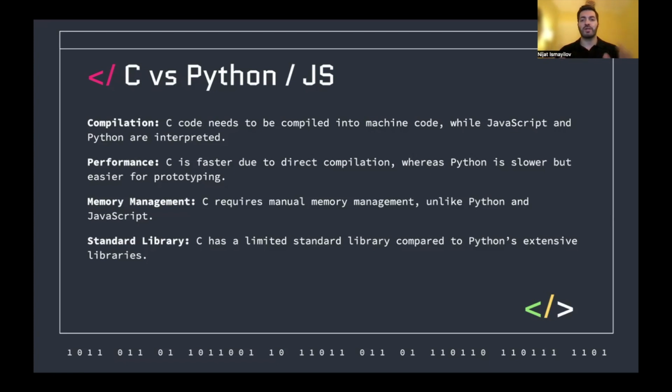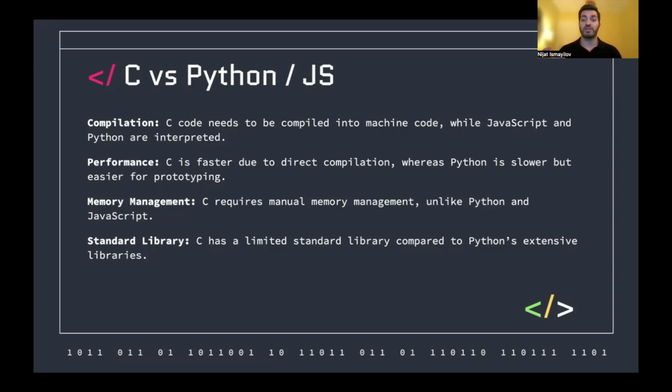Now, let me summarize these two slides for you. C is a much more fundamental language. This is a language where you want to build everything from the ground up so that you can customize everything to get efficiency gains or to have a perfectly relevant solution for your own specific needs.